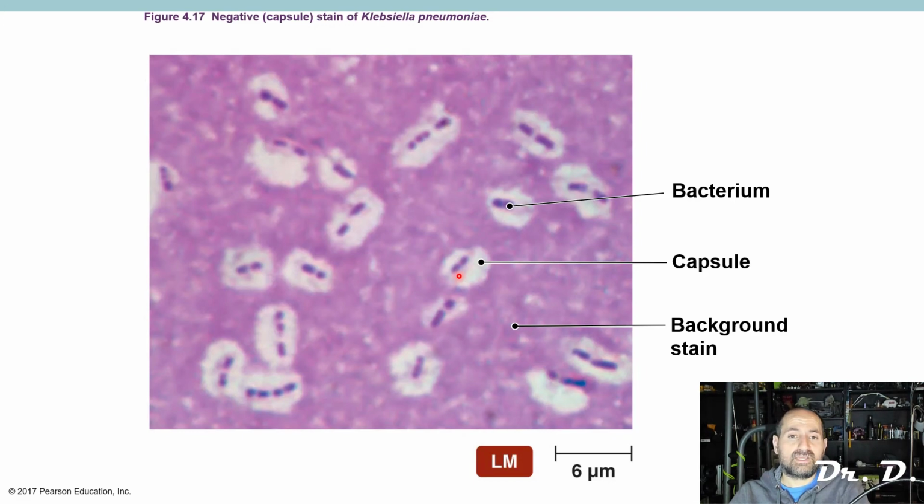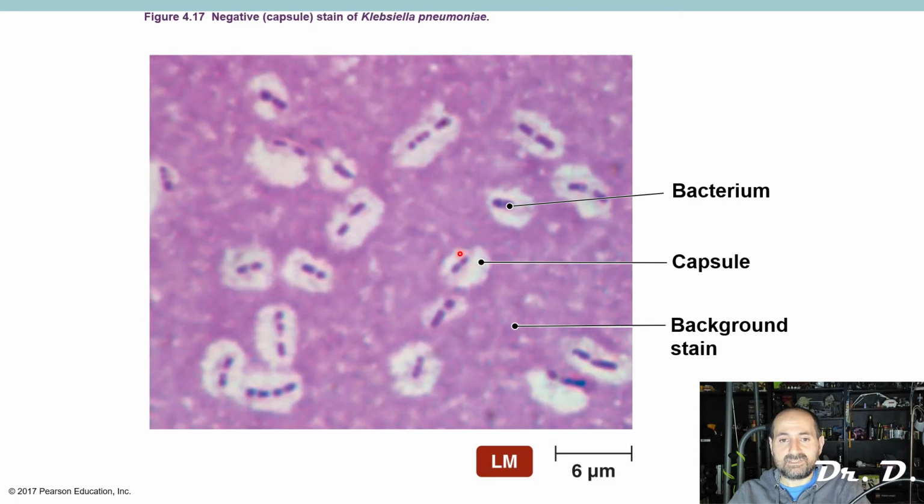Can you use a basic dye, which is positively charged, to stain something that's non-polar, non-charged? No. Could you use an acidic dye to stain a structure that's not charged? No. So what you would do is a negative stain. What that means is you stain everything on the slide except for the structure that you want to see. And in that way, you reveal what you want to see.